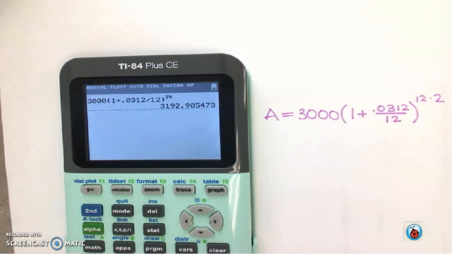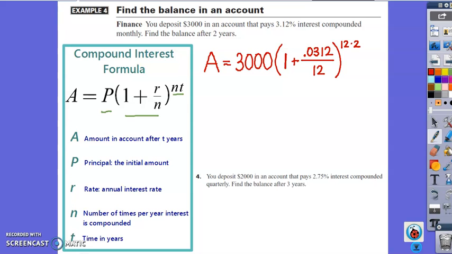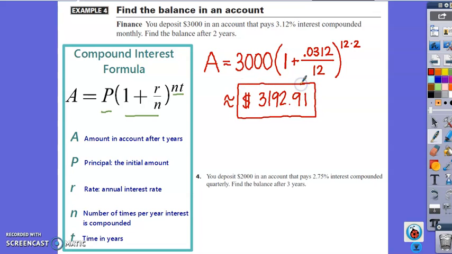And since it's exponential growth, it shows that we grew our money. And so our answer is about $3,192.90. It rounds to 91 cents. Do you think the bank would give you that, or would they short you and call it 90 cents? I'm not sure.